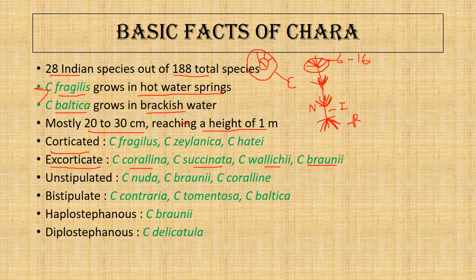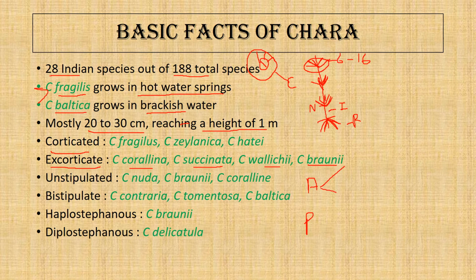Now, when we are talking about the life cycle, we should know that the time of germination, then growth, and later reproduction or senescence all depend not only on environmental cues but also on the particular species. Because in Chara they have annual or perennial species.